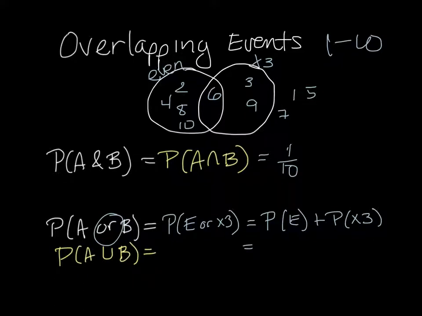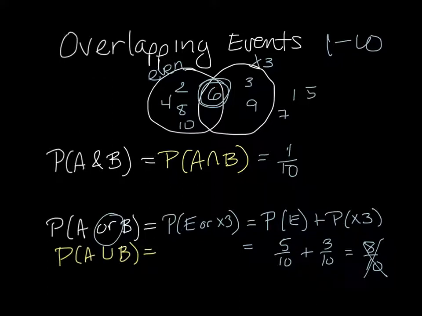The probability it's even is 1, 2, 3, 4, 5, so 5 out of 10, plus the probability it's a multiple of 3 is 1, 2, 3, so 3 out of 10, and that would give me 8 out of 10. Unfortunately, that's not right, because if I count both circles here, I've got 1, 2, 3, 4, 5, 6, 7. 8 out of 10 is too many. So what's going on is this 6 got counted twice. It got counted when I counted up all the evens, and it got counted when I counted up all the multiples of 3.